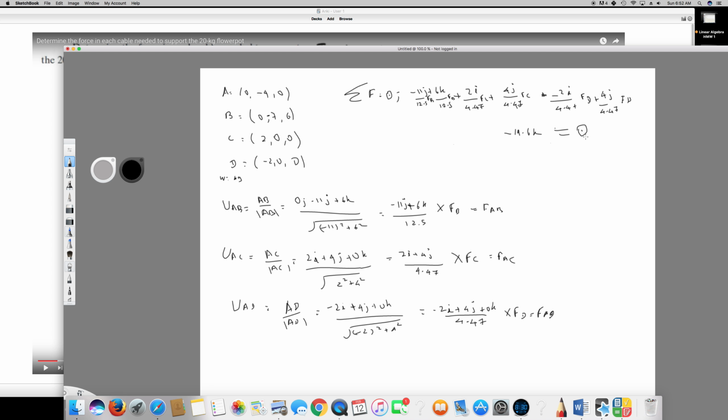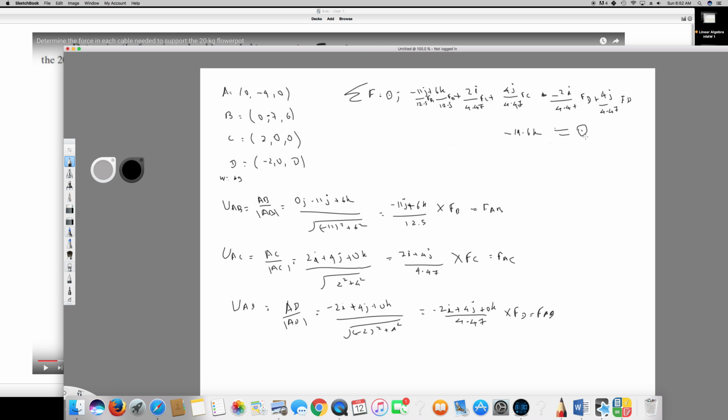For example, if you get negative 11J over 12.5 and plus 4J over 4.47, add both together and equalize to 0, and you can find the value.